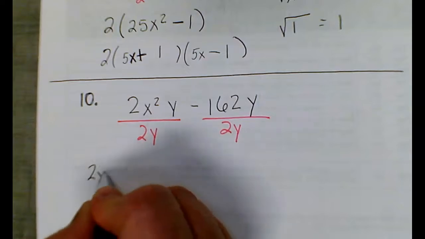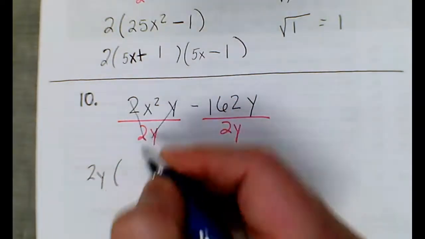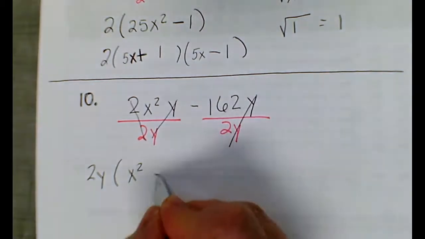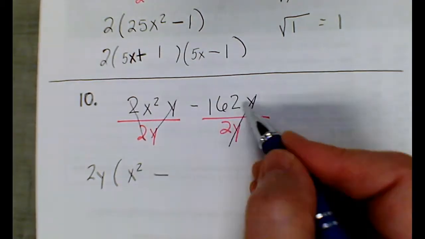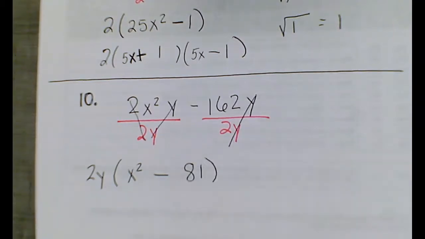So 2y, so the 2's are going to cancel, the y's are going to cancel. 2 goes into 162. In the parentheses, do I have a difference? Do I have 2? Are they perfect squares?